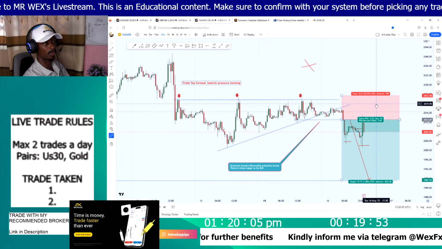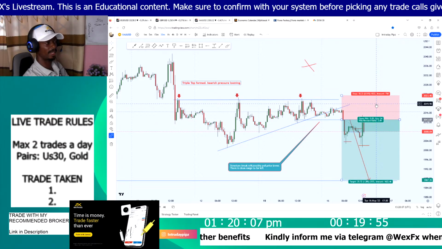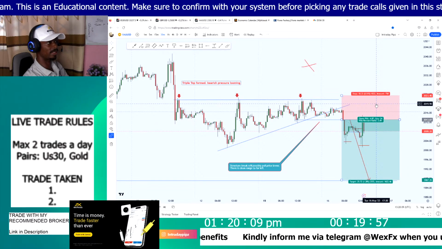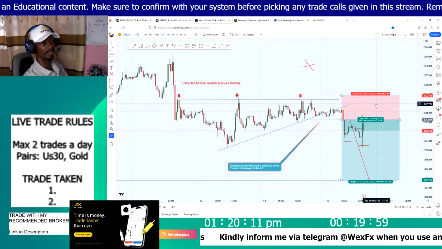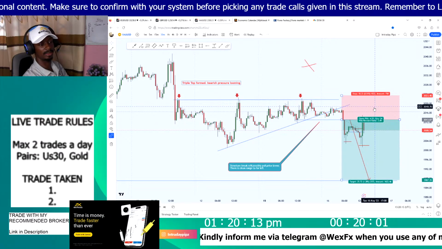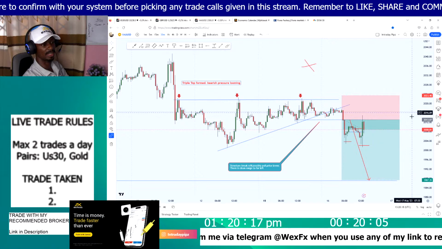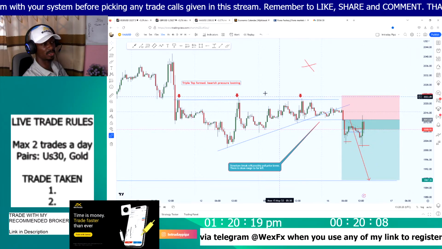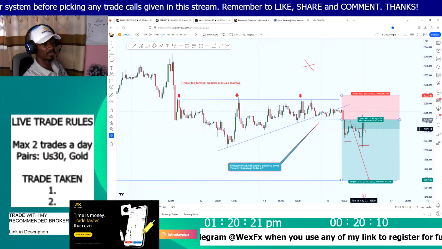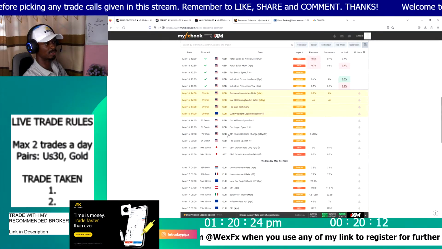That is just what I'm assuming. But if you're not already in a trade, then I would say just relax because I don't really see price coming there. Because this is noise. This is an effect of news. This is this news right here.